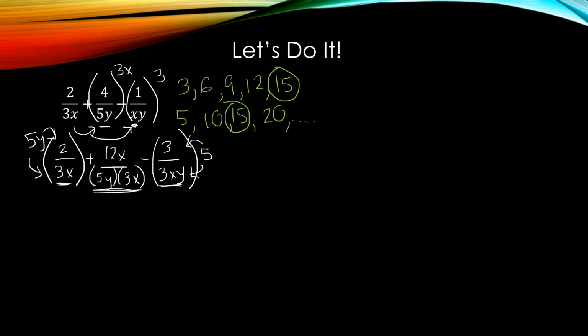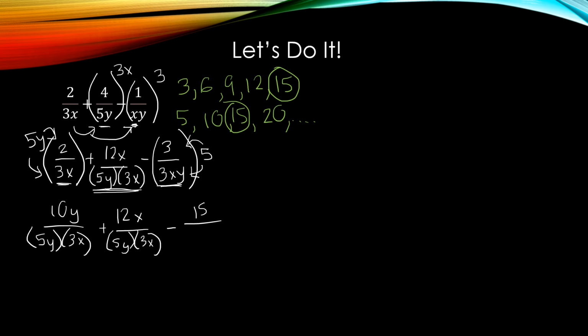So I need to multiply through for these terms, and that's going to give me 10y over 5y multiplied by 3x, plus 12x over 5y times 3x, and then minus 15 over 5y multiplied by 3x again.